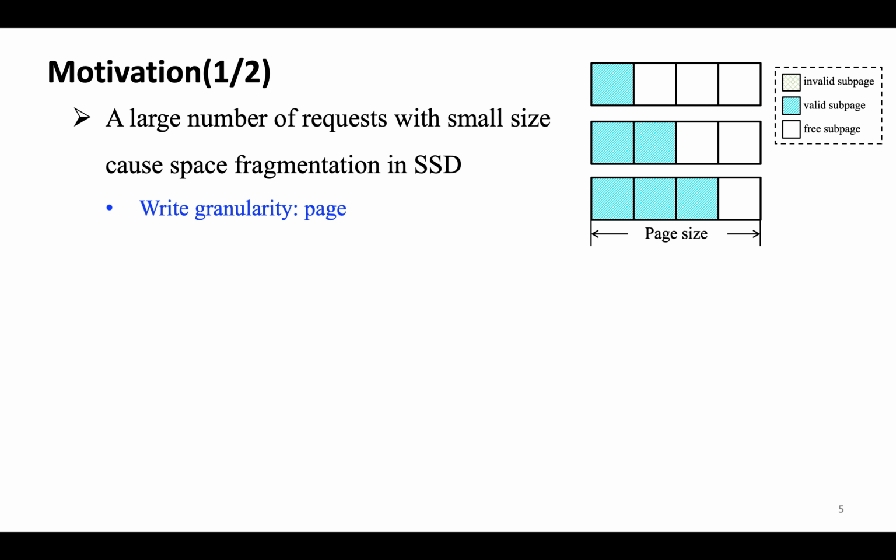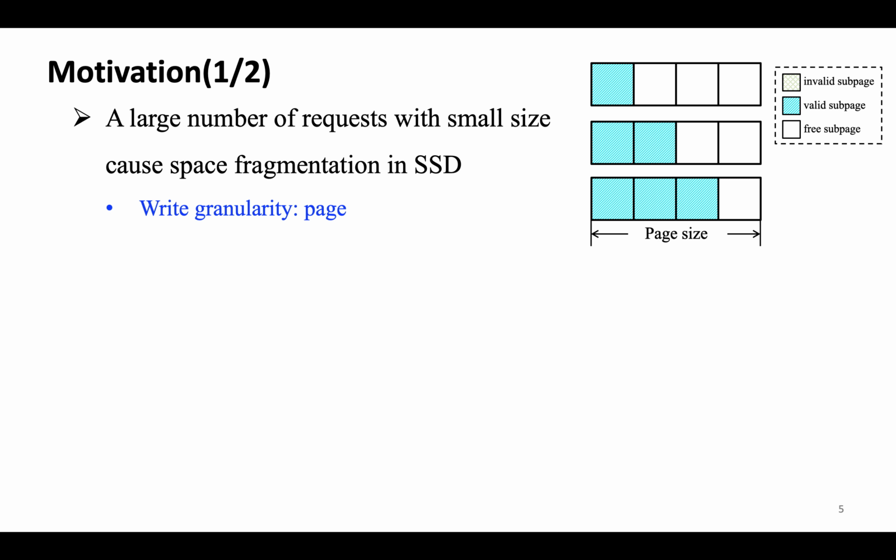However, SLC mode cannot solve the space fragmentation issue because the SLC-mode page has the same size as the high-density page. For example, the valid data in the right figure only have 1.5 page size in total, but this data occupies 3 pages. This is because the write unit of SSD is page. The request whose size is smaller than 1 page should occupy the whole page.